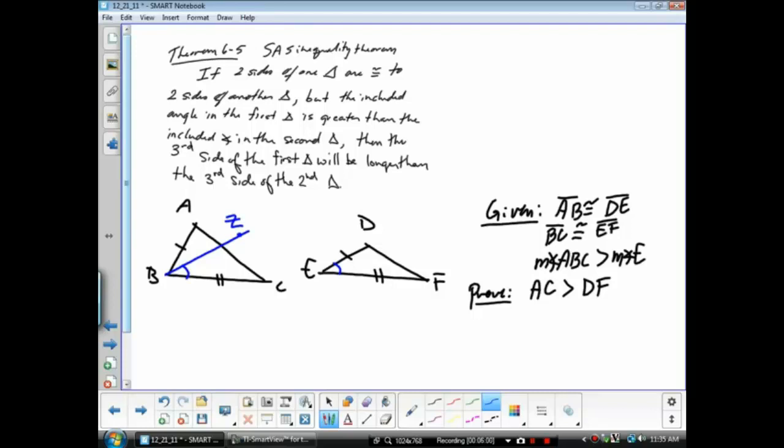So we're going to put a point X on ray BZ so that BX is equal to ED and AB.